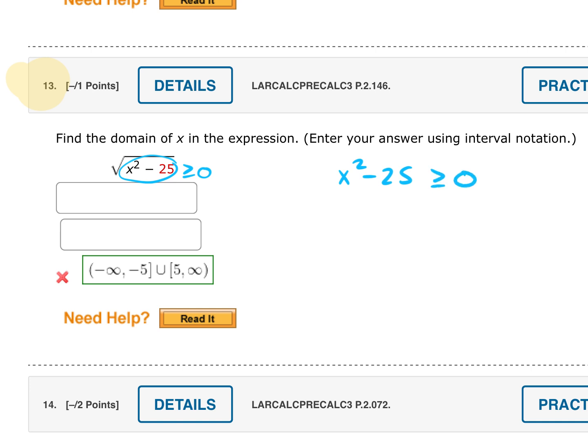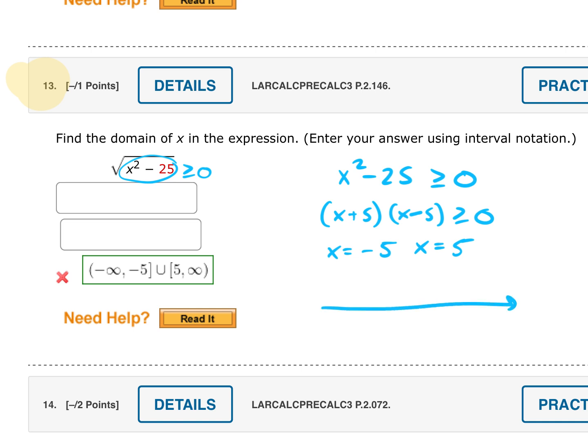Couple different ways we can solve here. We could move the 25 to the other side and square root both sides, or we could just factor. So when we factor, we get x plus 5 times x minus 5 is greater than or equal to 0. So x would be equal to -5 and +5. So for here, we got to test our answers.